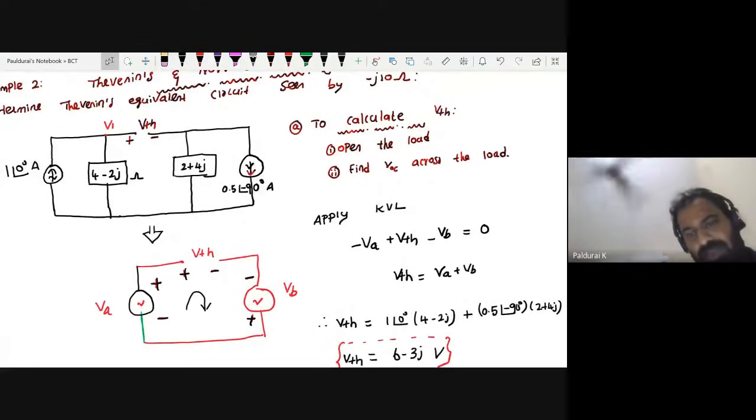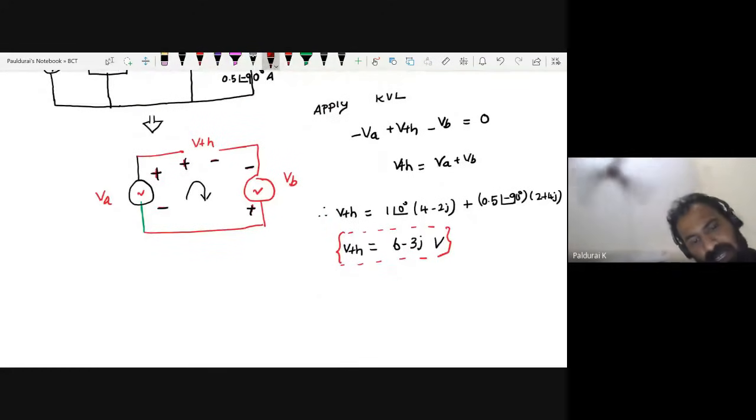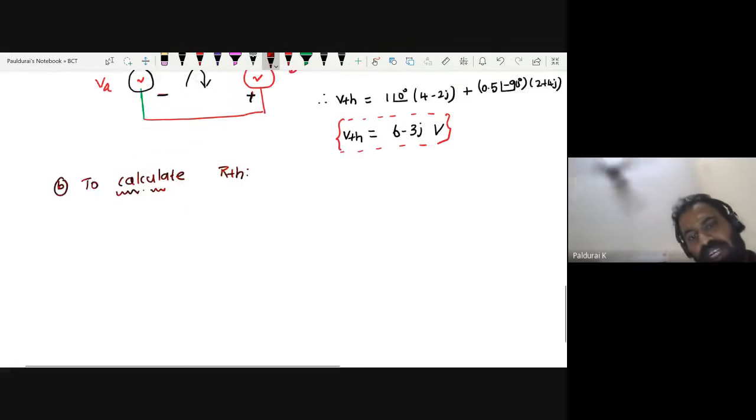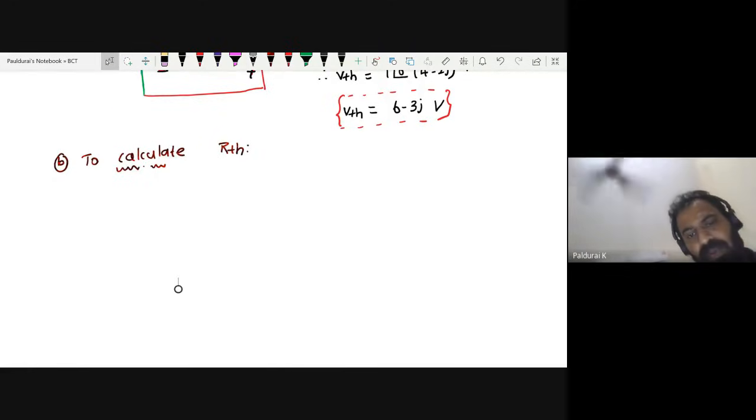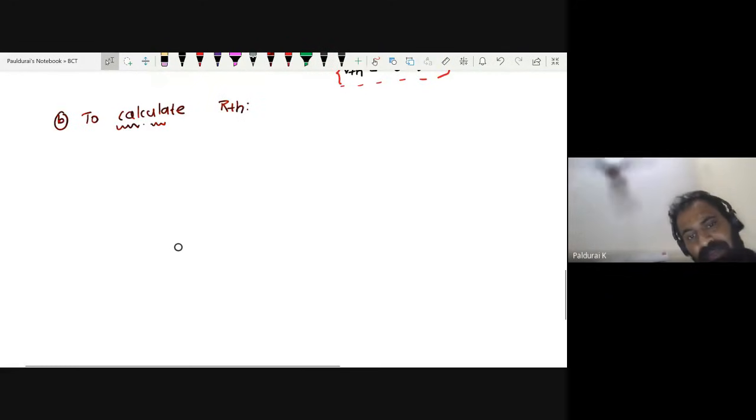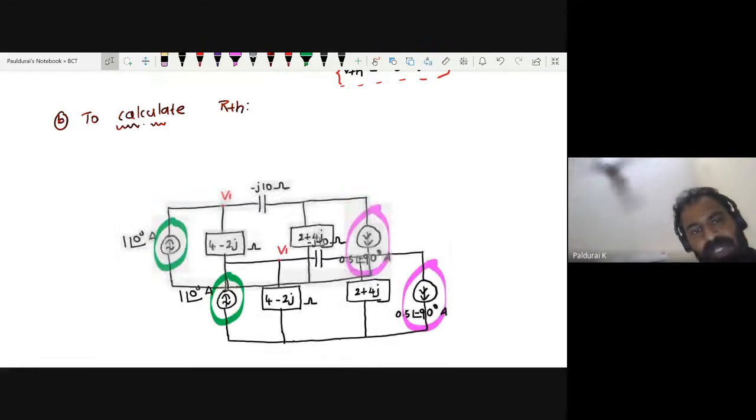Sub-division B, to calculate RTH. Can you recall the procedure to calculate RTH? We will start from scratch, no problem. Let me paste the circuit diagram. Yeah, this is my original diagram.